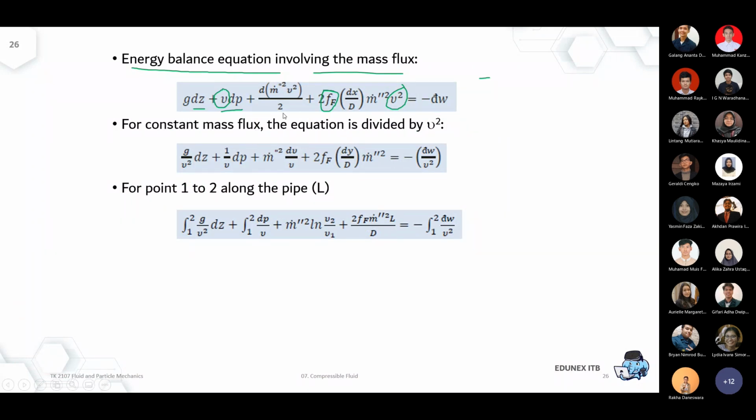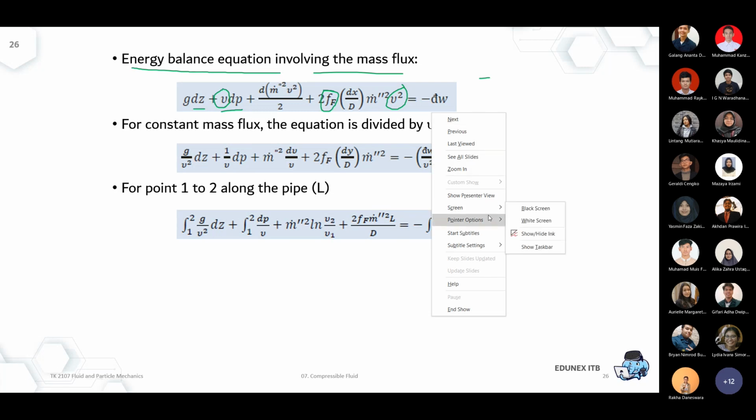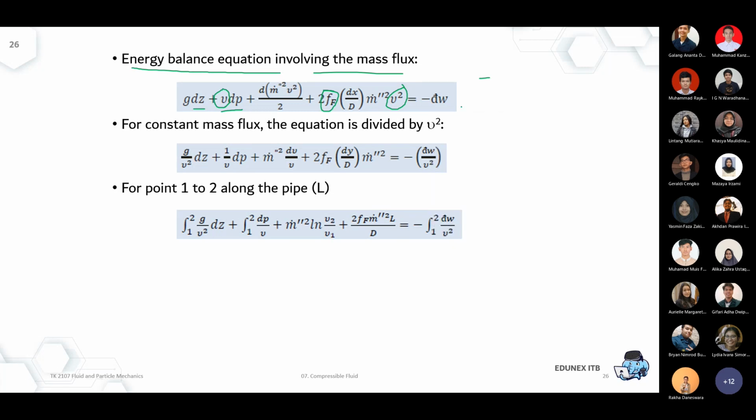And it's just another expression. If you want to express it in a different unit, same as before, you can express it in head, in meters and so on.